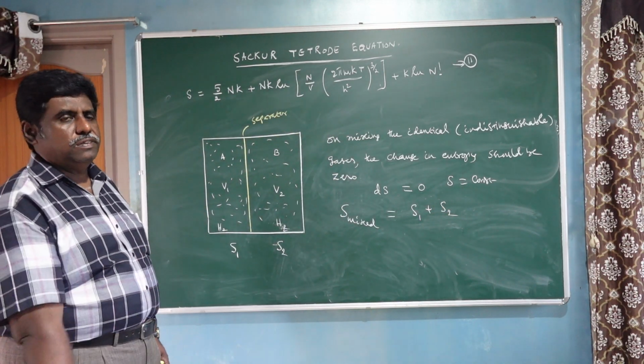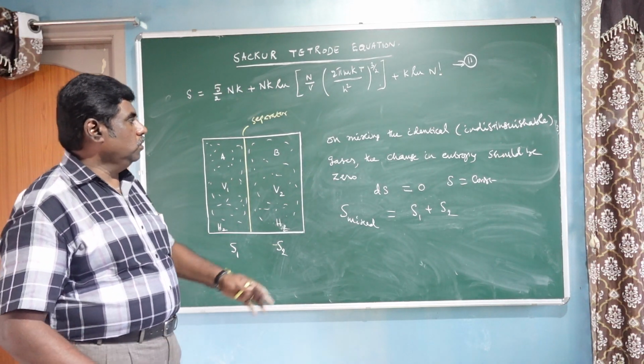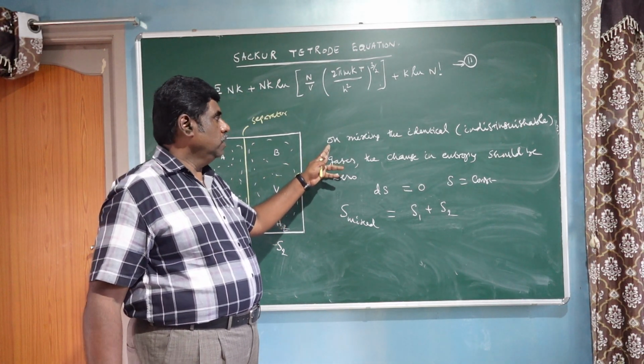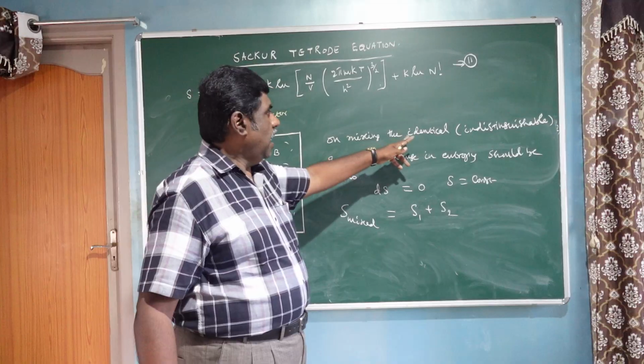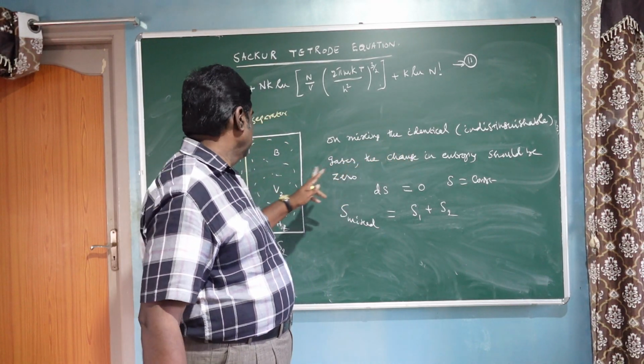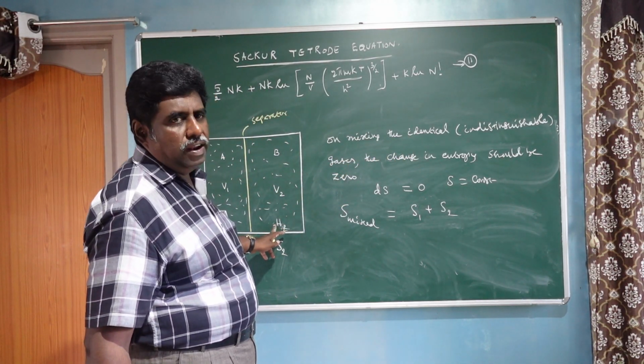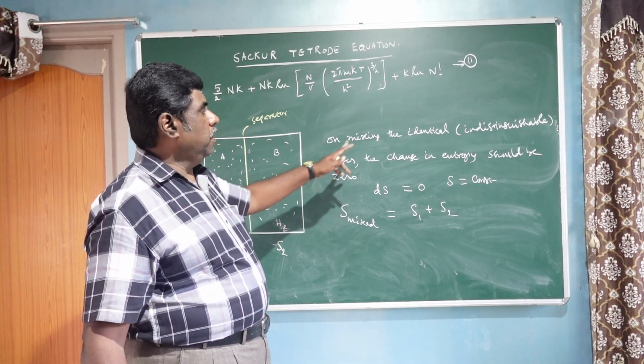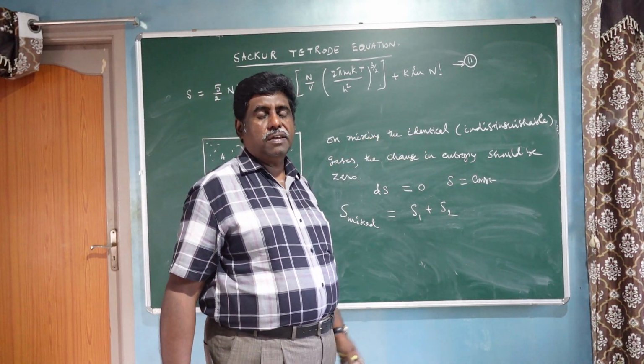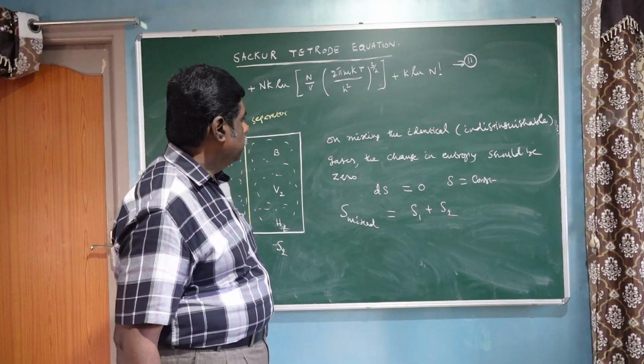This is our expectation. According to quantum statistics, if we mix two identical gases, this is hydrogen, this is also hydrogen. Identical particles are indistinguishable because their particle coordinates may overlap.